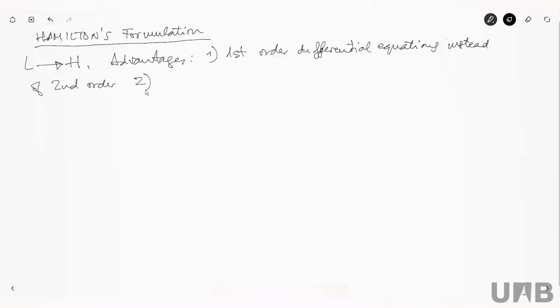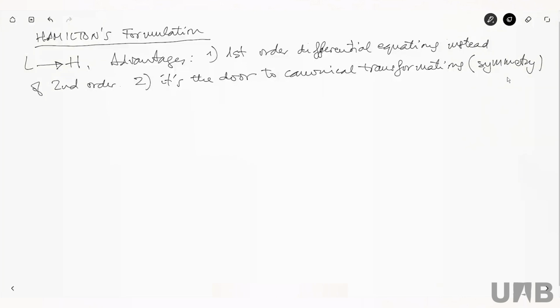Second advantage, it's the door, the entrance, to canonical transformations. And symmetry. Symmetry will be something very important for us very soon.